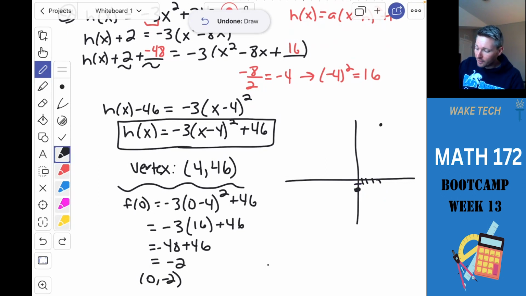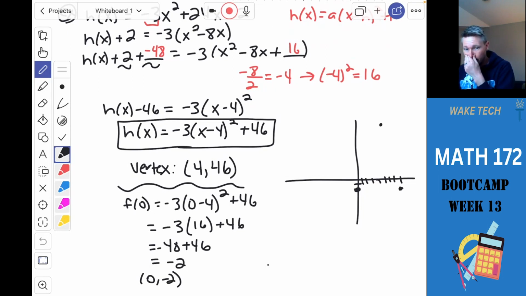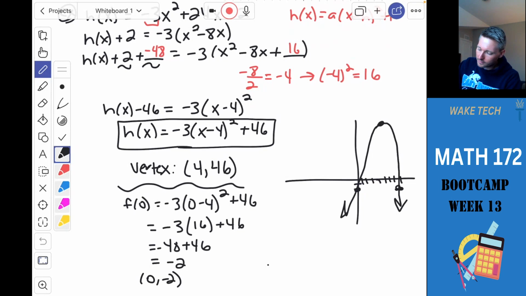What that means is if we travel 4 units to the right, the point that also has a y value of -2 is on the graph as well. And so then we can create the graph by connecting the dots through the vertex and through that pair of points. So the symmetric points were (0, -2) and (8, -2).